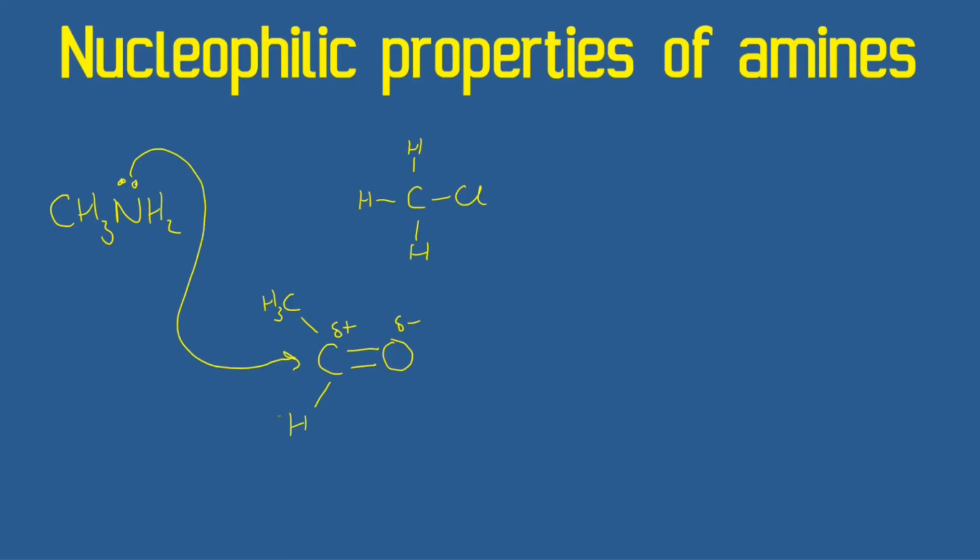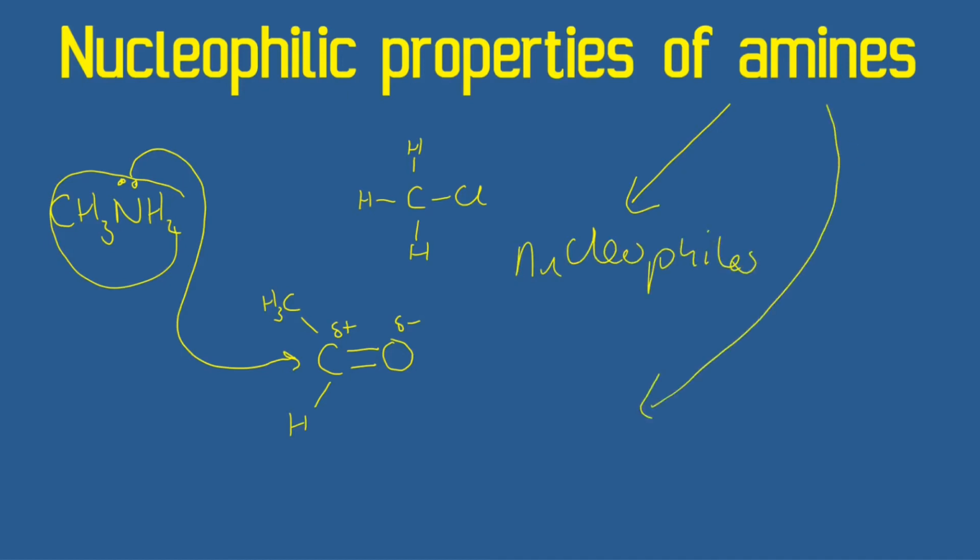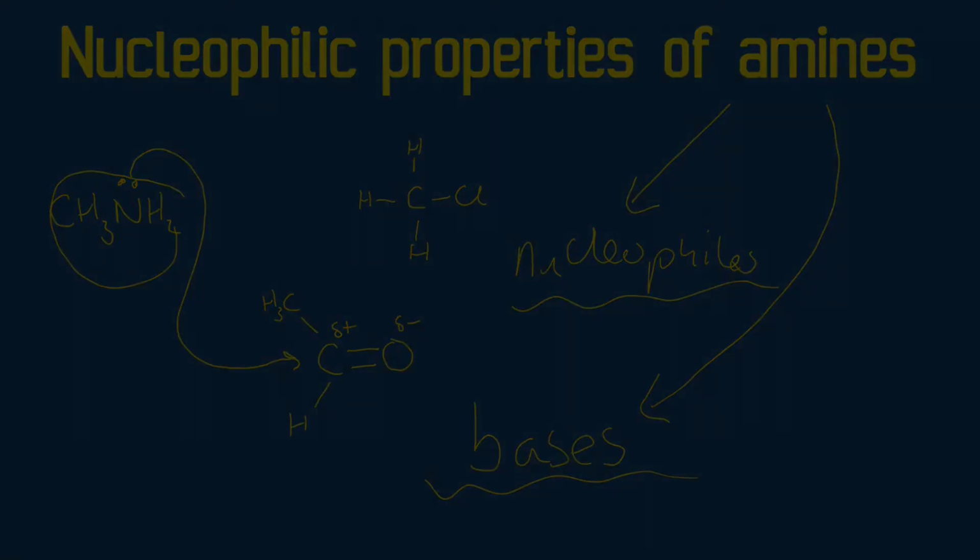You've probably looked at it when we covered nucleophilic addition reactions, where we make an amide from an acyl chloride. So just always be thinking that this is a nucleophile. So amines can be nucleophiles, my handwriting's appalling, or they may be acting as bases. So be careful, look at the context of the question, what it's asking, which one is most likely. What are they going to want you to talk about?